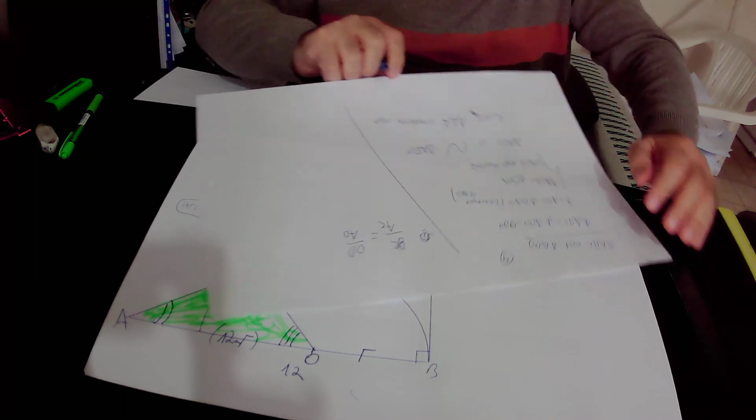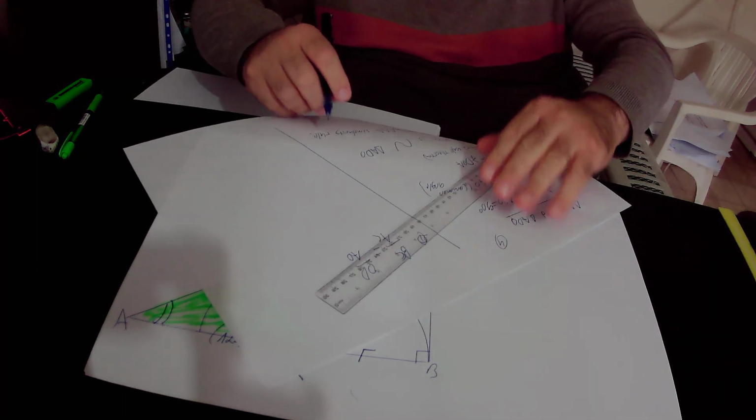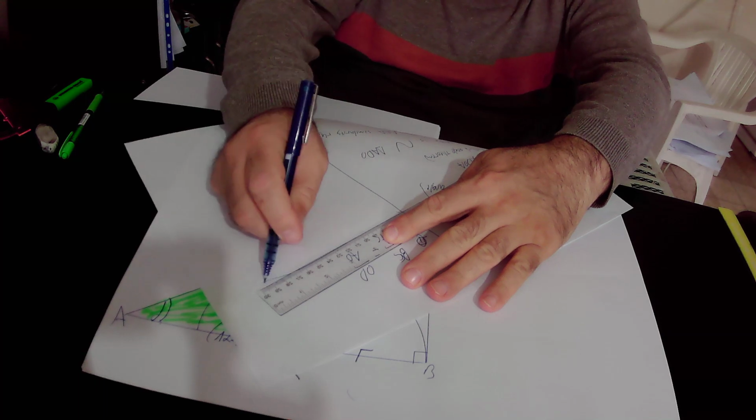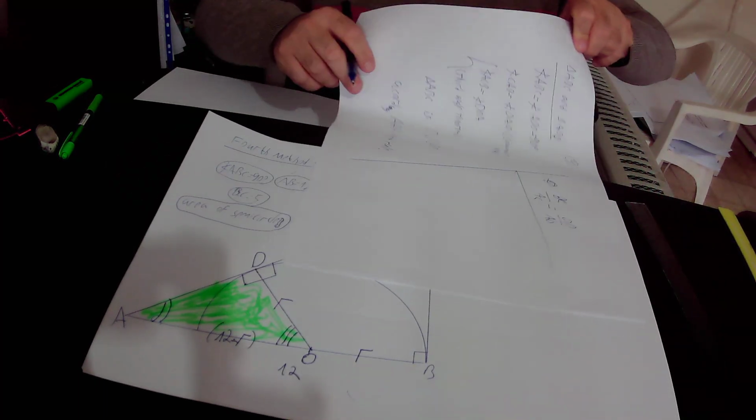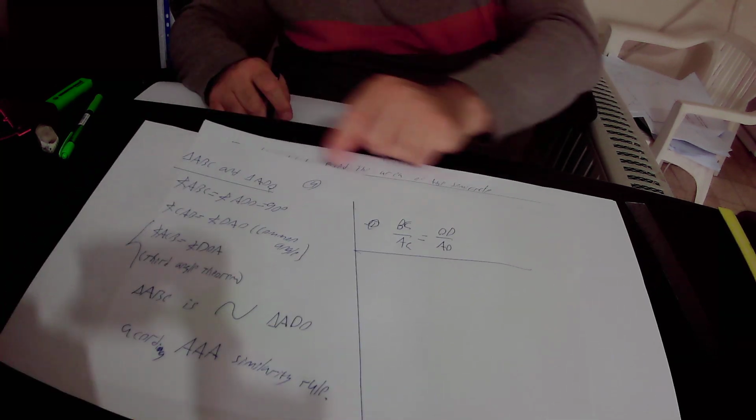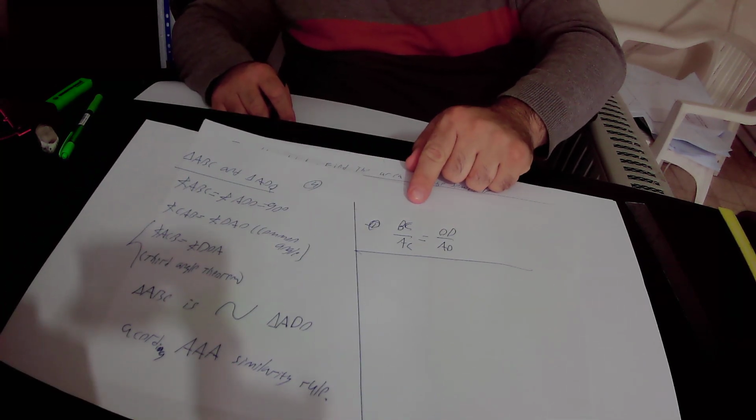Okay, I'll repeat again. We will conclude from the fact that triangle ABC is similar to triangle ADO that BC over AC equals DO over AO.